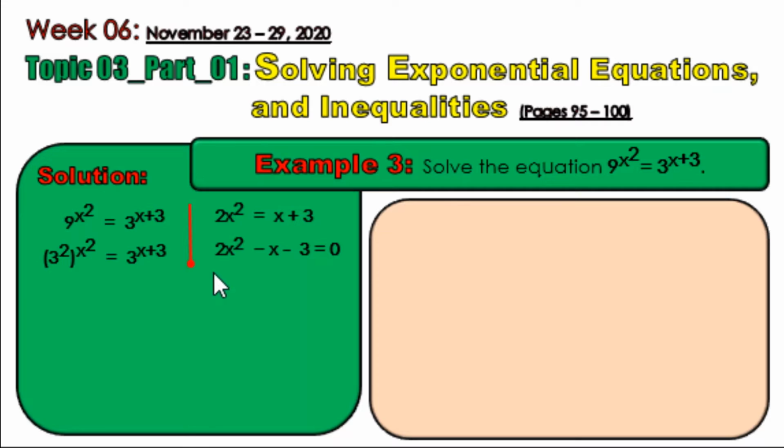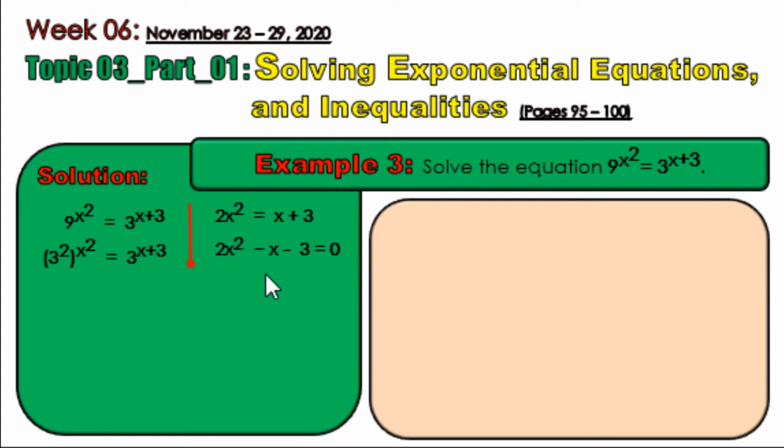Okay, in your mathematics grade 9, you have discussed 3 ways in solving for the values of x for quadratic equations, and these are factoring, completing the square, and using the quadratic formula. So if you have time, please review the topic solving quadratic equations by these 3 methods.